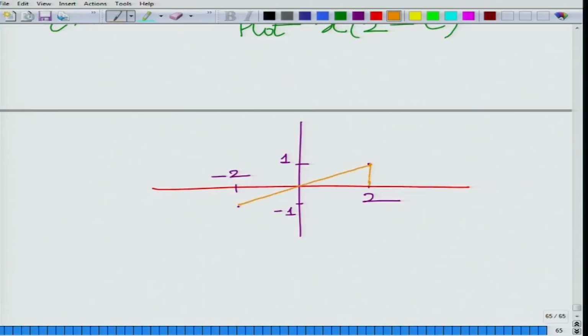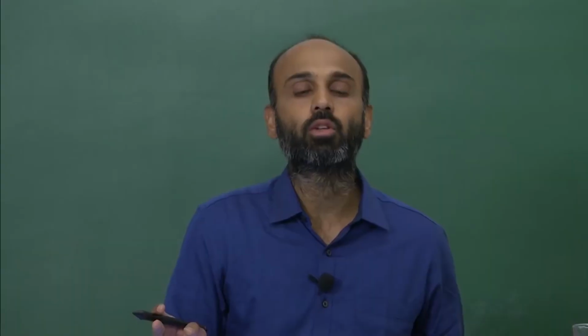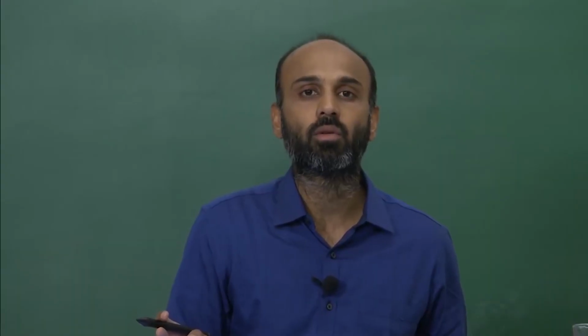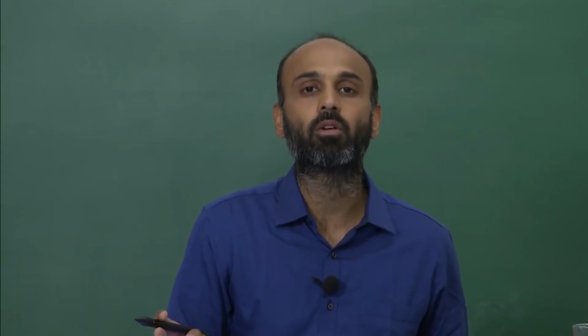Okay, this is the signal. Okay, so this is your x of t. So, we are given signal x of t which is non-zero over the time minus 2 seconds to 2 seconds. Okay, and we are required to plot what is x of 2 minus t.